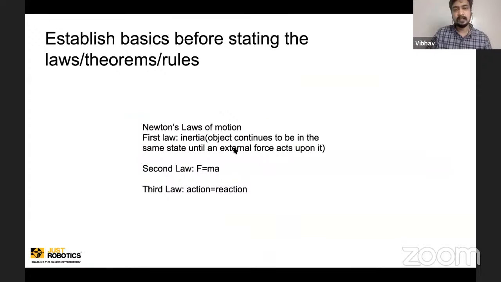So these are the things that we would have understood through examples, right? Object, level, balance. So now we will state the laws before making them do all of that.